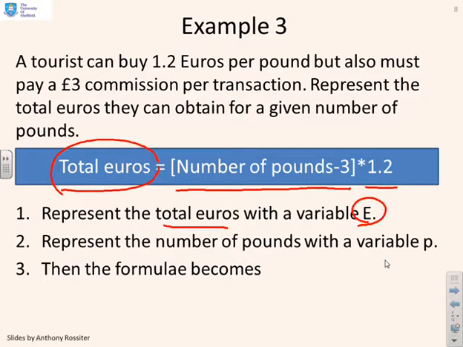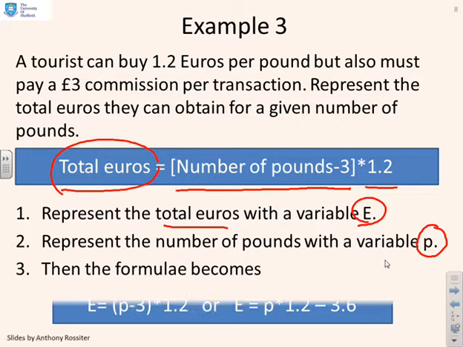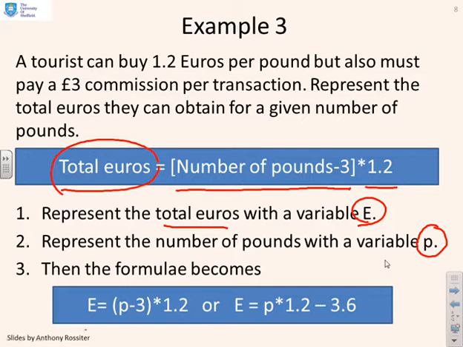We can represent the number of pounds they've spent with a variable p. So if I substitute those two in, this is what I get. I get e equals p minus 3 times 1.2. A lot more compact. Now I can rearrange that if I want by multiplying out the bracket, and then I get p times 1.2 minus 3.6.